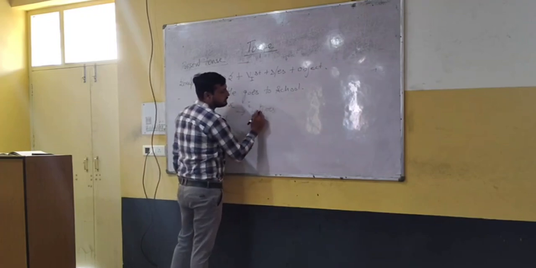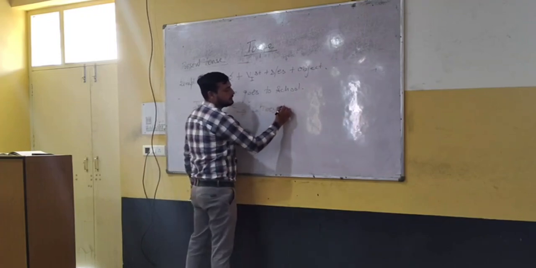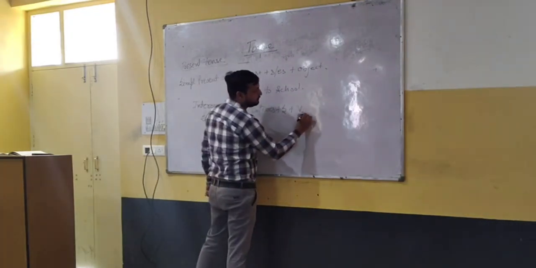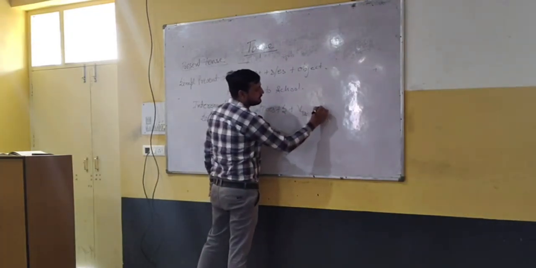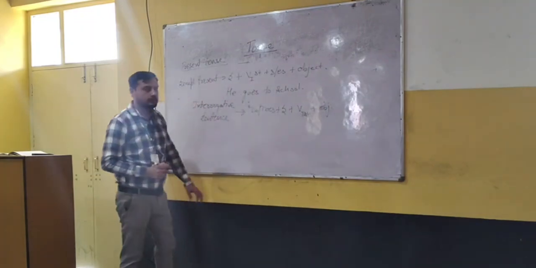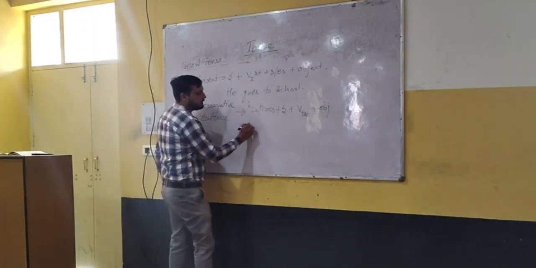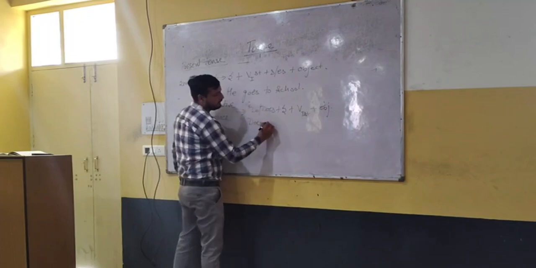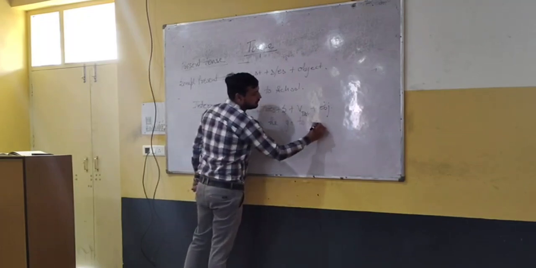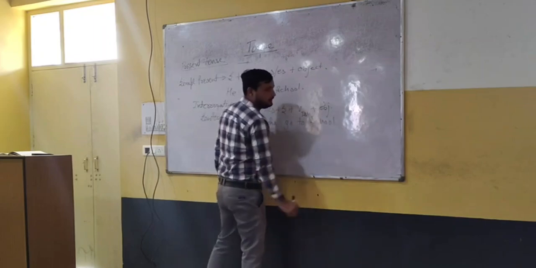Do, does, after that subject, then verb's first form plus object. Clear? So how will you make it? Does he go to school? Clear?